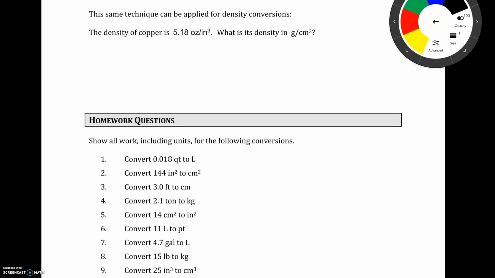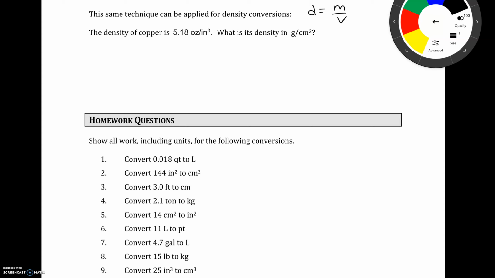So the same technique for converting rates can also be used to convert density, for density conversions between metric and non-metric units, or vice versa. So if we think about it, density is always a mass per volume, right?